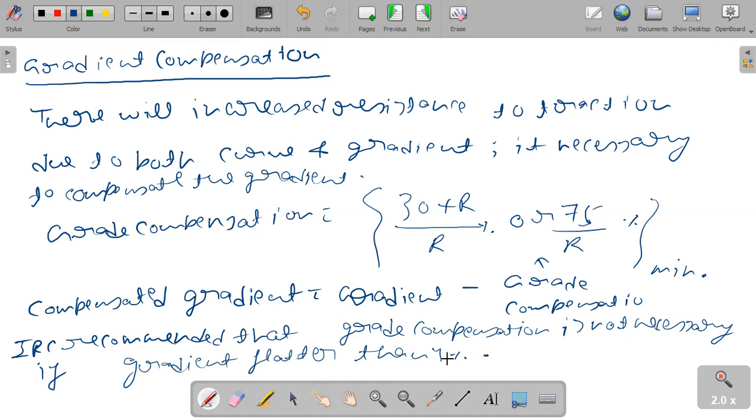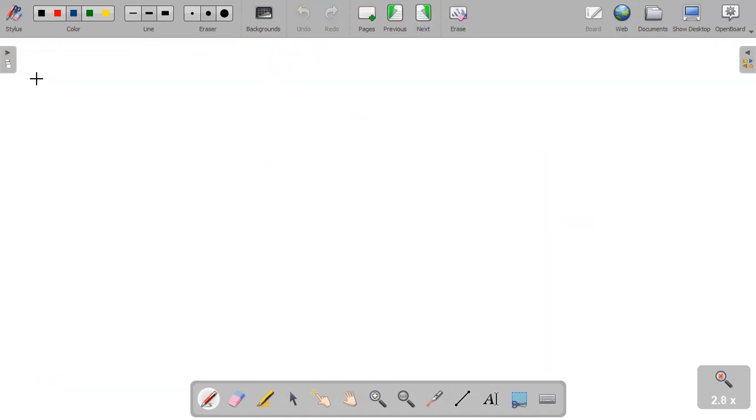So this is all about grade compensation, and let's move forward to our main topic on curves. Our first one is the transition curve. So we directly move on to the design steps of the transition curve.